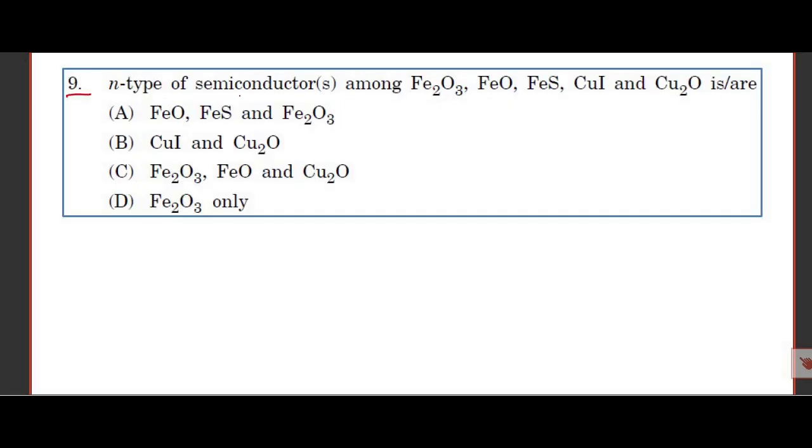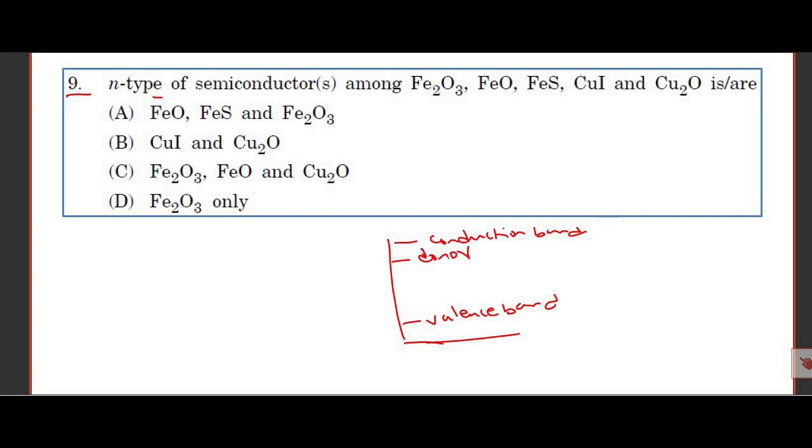Question number 9. The n-type semiconductor among the following. In an n-type semiconductor, listen, there is a valence band and a conduction band. Due to the donor atom, the donor band is near to the conduction band.